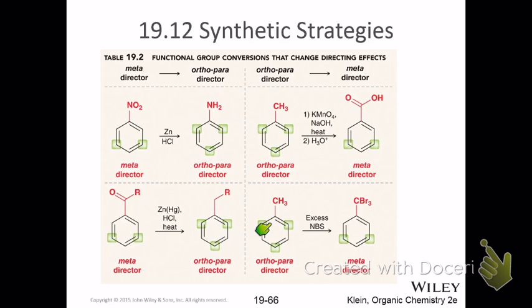Just replace all of these with halogens, and now that's a meta director. So again, where things end up in the end, if it's not obvious from the orientation on the molecule, then you have to think to yourself, something must have changed between when I added the first group and the second group.